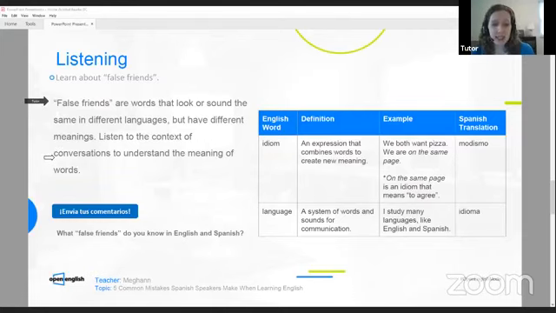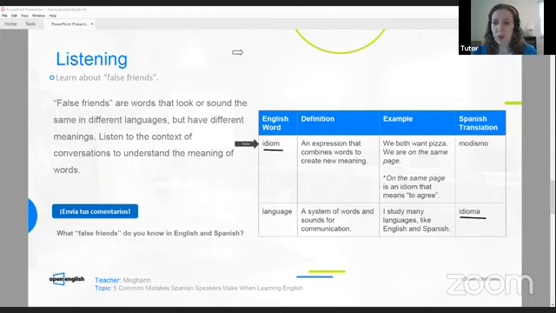Listen to the context of conversation to understand the meaning of words. One example is the English word idiom. This looks similar to the Spanish word idioma, pero es diferente. Es diferente. Let's study.